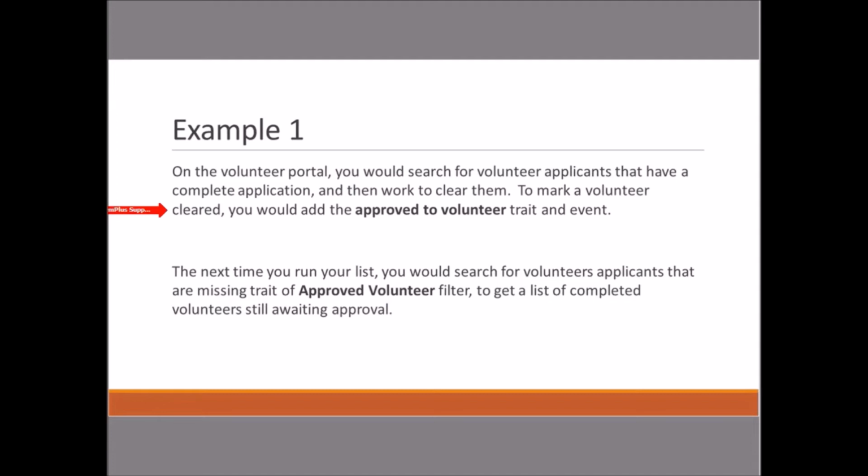And the nice thing with the volunteer system is when you attach that event, you can also have an email that goes out at the same time. So not only are you marking and clearing them, the system then knows to notify that particular person: thank you very much, you have been cleared, you are now approved to volunteer, with whatever you want that email message to say, and any instructions.